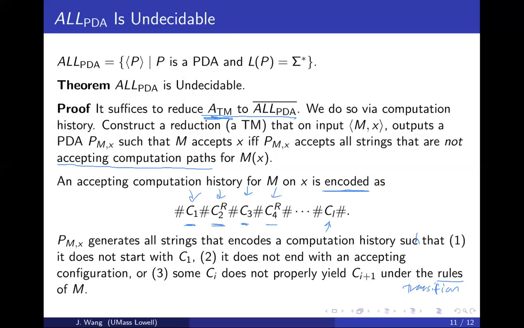Because we want to say this computation history is not an accepting history, anything that violates an accepting computation would do: C1 is not a start configuration, or some intermediate configuration does not follow from the previous one, or the last one is not an accepting configuration. So P sub M comma X will generate all such strings.